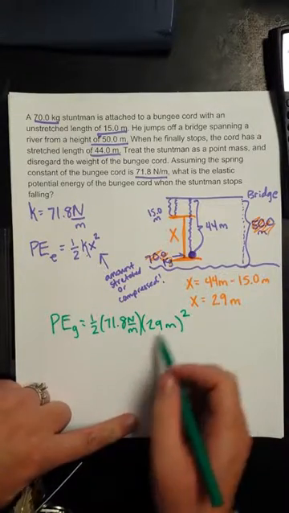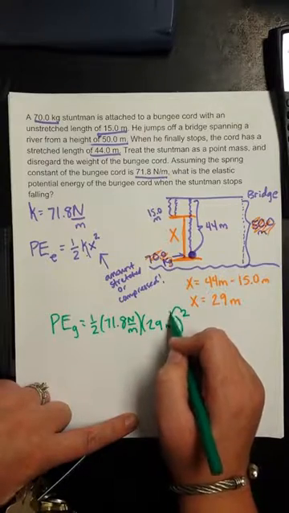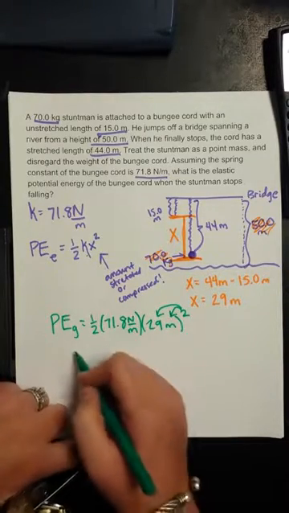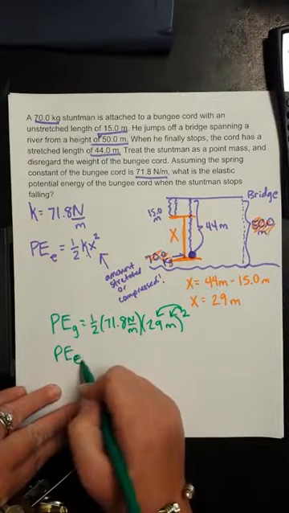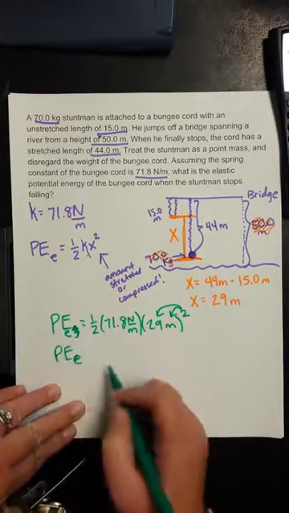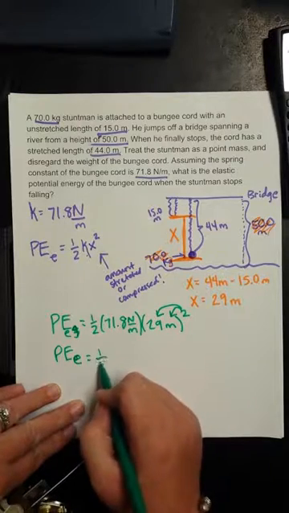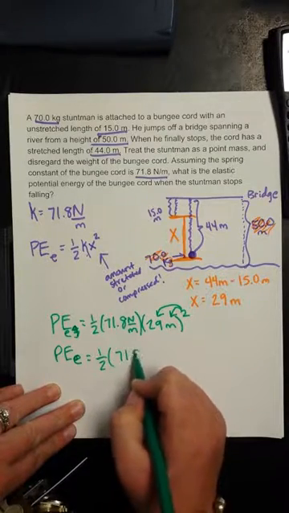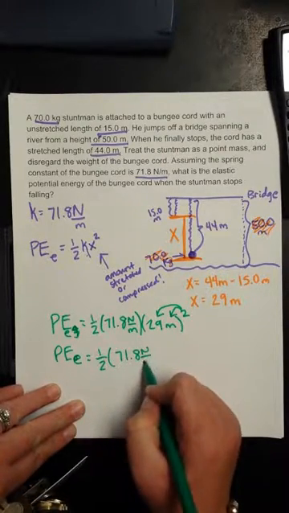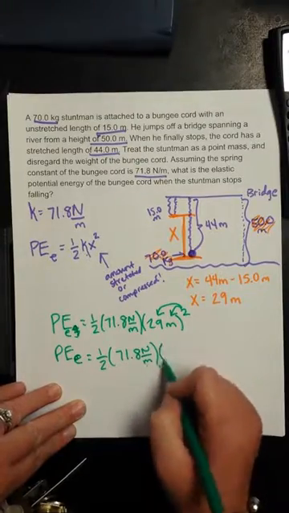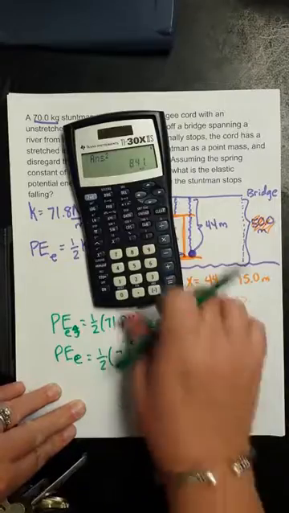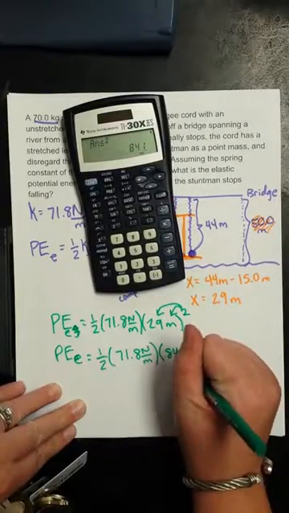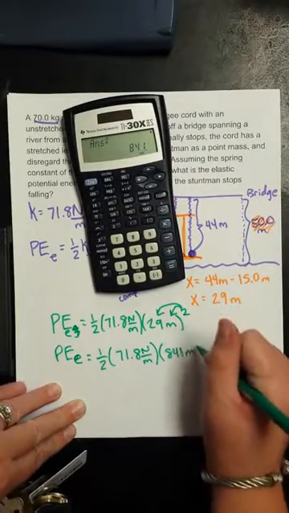Okay. So remember, this square has to go to both the unit and the number there, so I'm going to rewrite this. Not gravitational potential energy, just kidding, that's elastic potential energy, is equal to 1/2 times 71.8 newtons per meter times 29 squared, which is 841 meters squared.